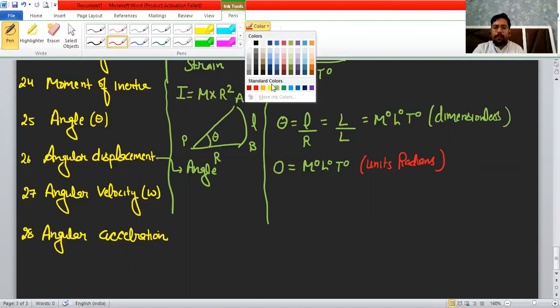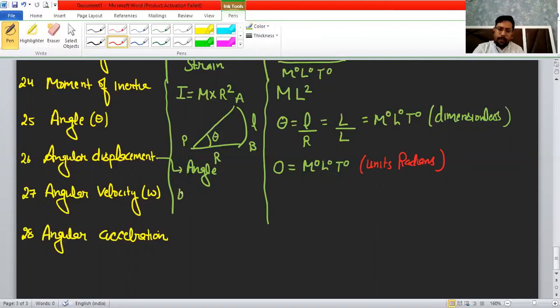Next term is angular velocity, omega, shown by the W-type sign called omega. It is the ratio of angle covered, angular displacement covered, to the time. It is angular displacement divided by time.